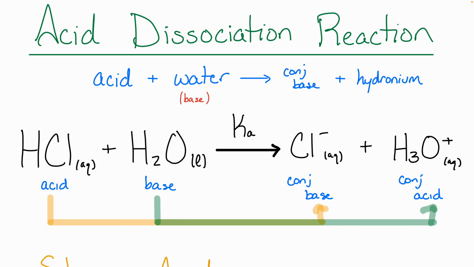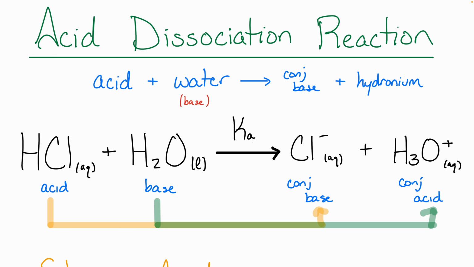Like I said, we'll talk about weak acids next lecture. Now we're going to talk about something analogous to our acid dissociation reactions, which we use to study acids. We can also talk about base dissociation reactions.